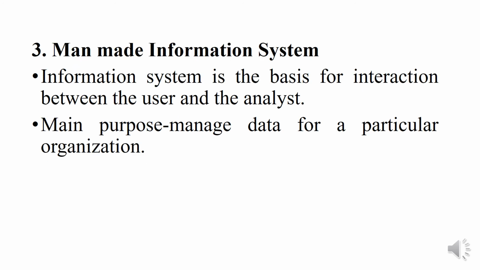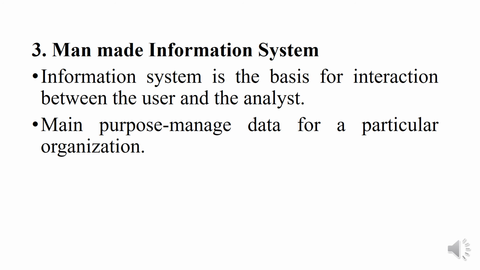The next type is the man-made information system. This man-made information system is the basis for interaction between the user and the analyst. The main purpose of this system is that it manages the data for a particular organization.